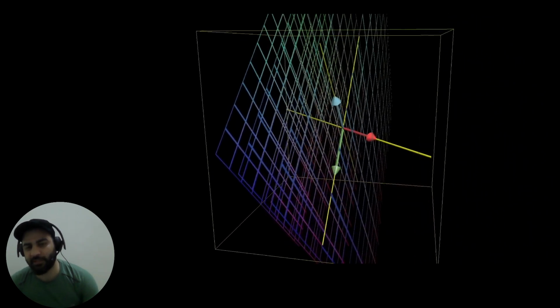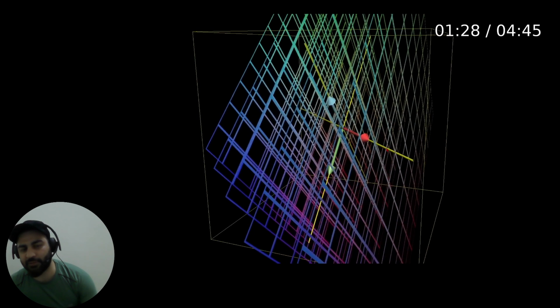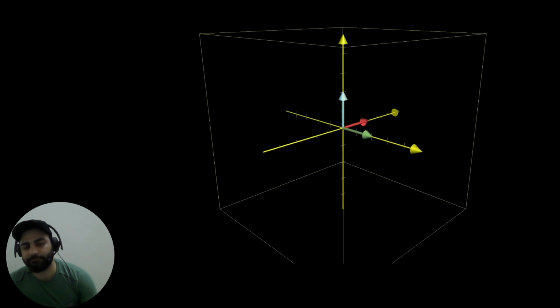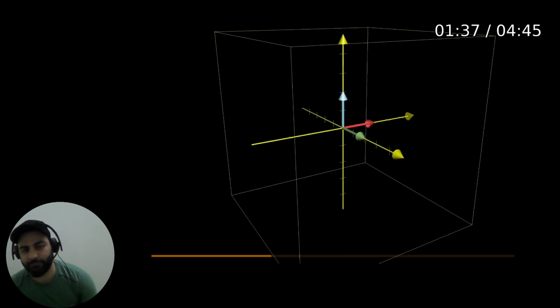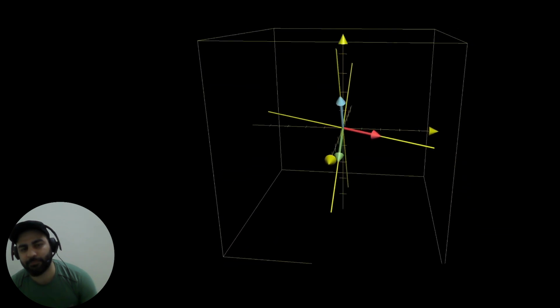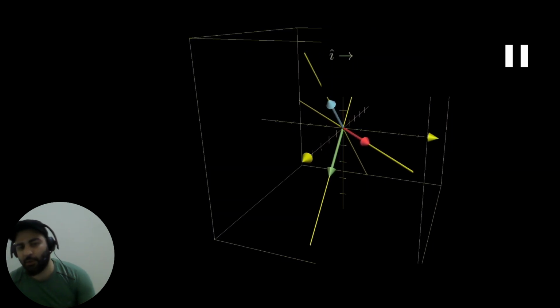Okay, so this is the 3D. Let's suppose we have a vector, and we want to see what will happen to this vector. This is i hat, j hat, and k hat. This is the meaning of transformation. For example, this sort of got translated. What will happen to this vector?